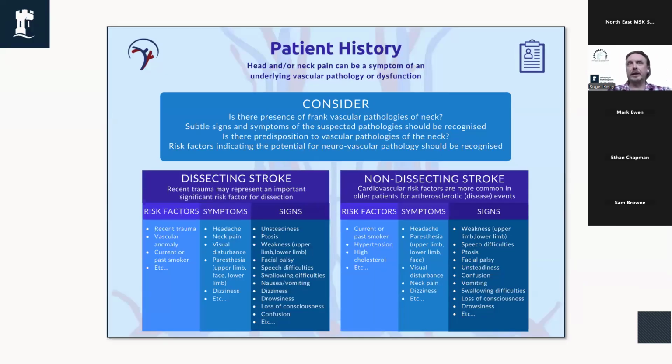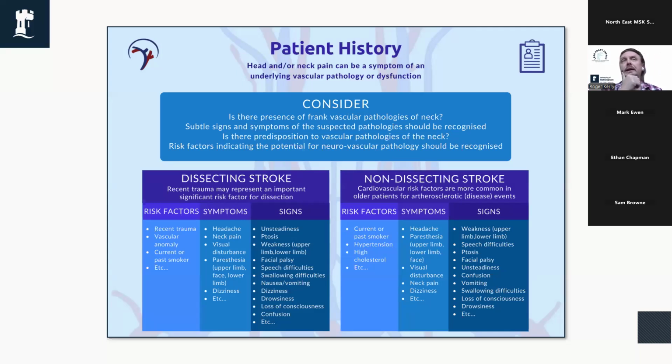Again, one of these not-so-clear infographics. The one clinically useful way of thinking about this is dissection pathologies versus non-dissection pathologies. But having said that, there's a lot of similarity in the way people present. The only difference is dissection is the province of the younger person and usually associated with some kind of trauma, and non-dissecting events, which are atherosclerotic based, are older people and not necessarily related to trauma.